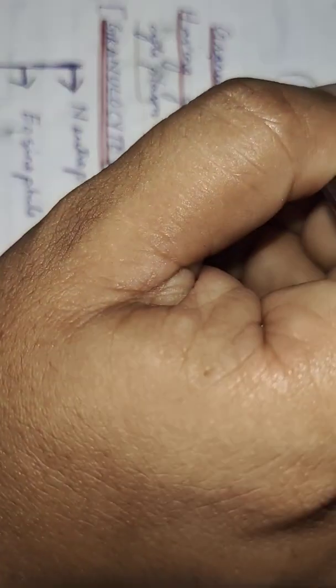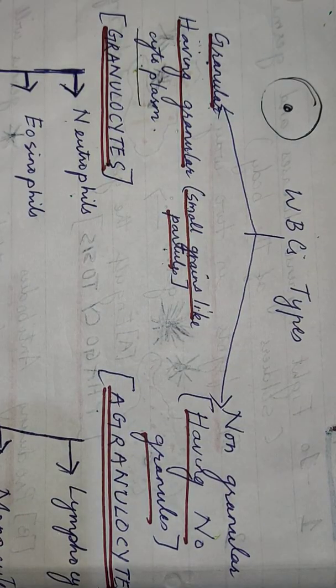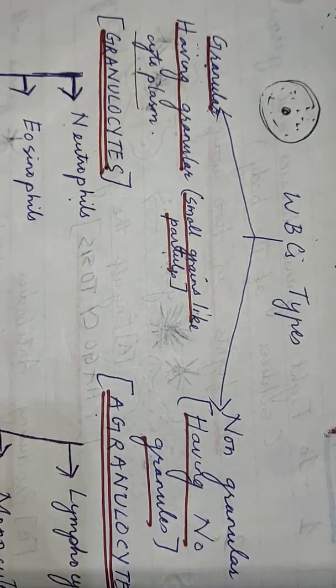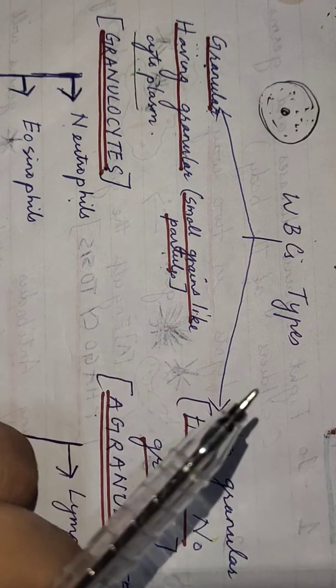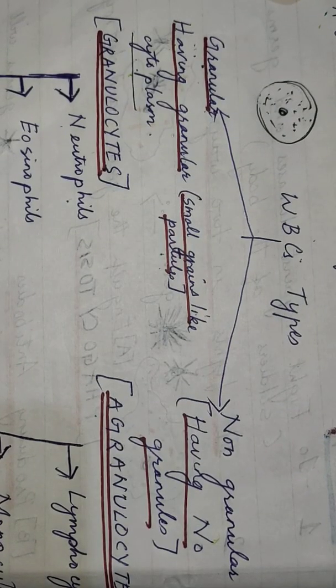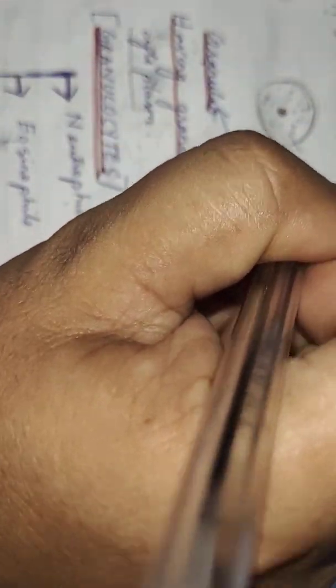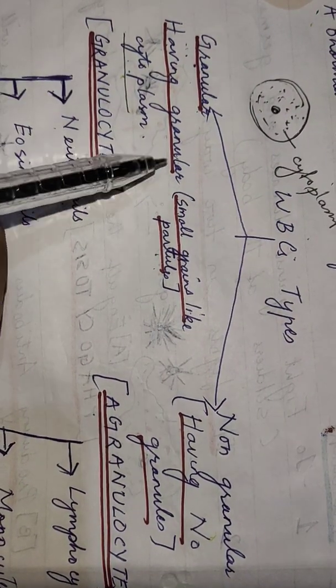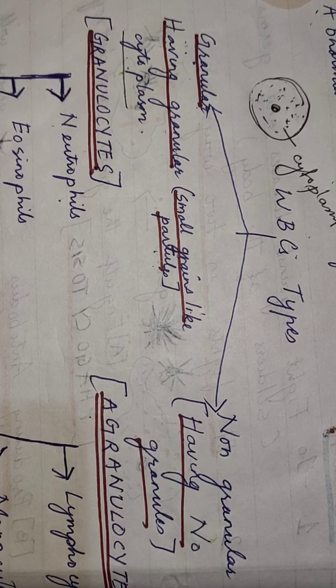If this is the cell, this is the nucleus, and inside the cell you have cytoplasm. The main function of the cytoplasm is to hold the different organelles together. It's a jelly-like substance to hold all the organelles together. So these are cytoplasm.